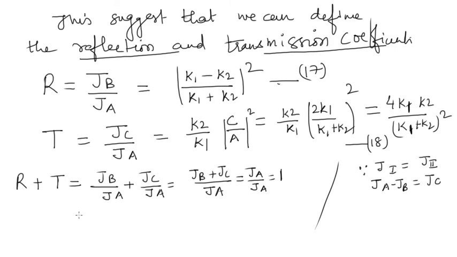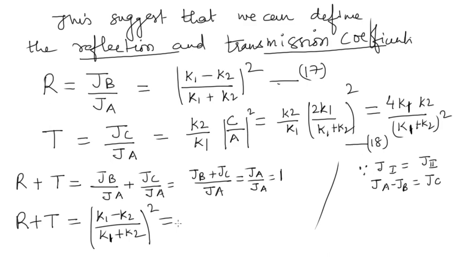From equations 17 and 18, if I check R plus T, this is equal to (k1 minus k2) upon (k1 plus k2) whole square plus 4 k1 k2 upon (k1 plus k2) whole square. If I add this, it comes out to be 1.